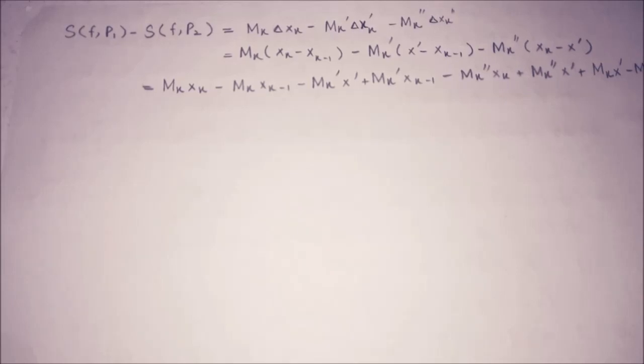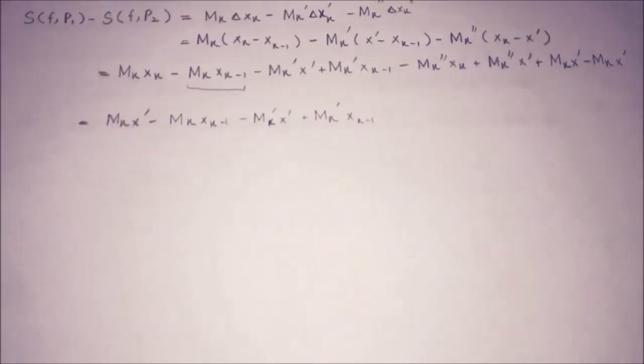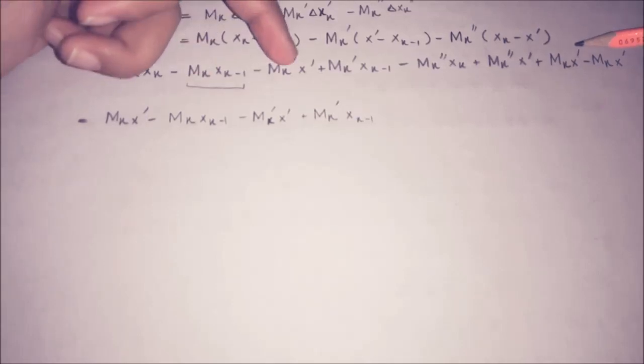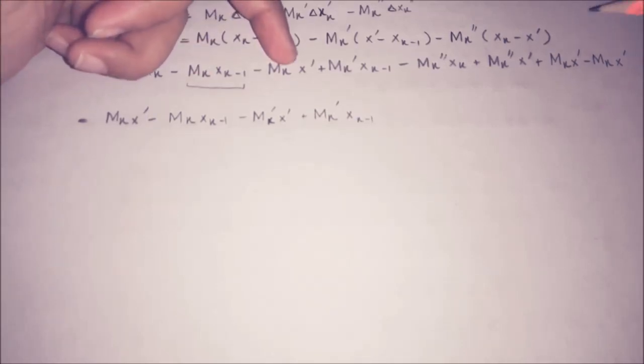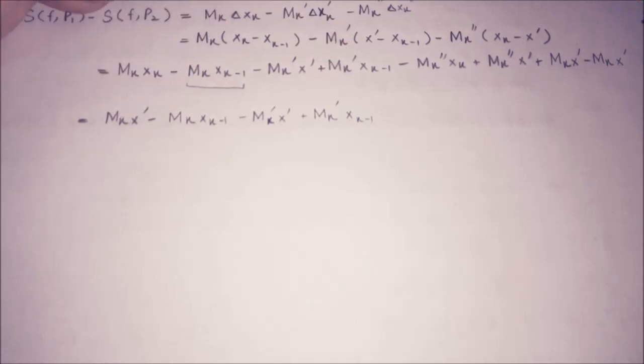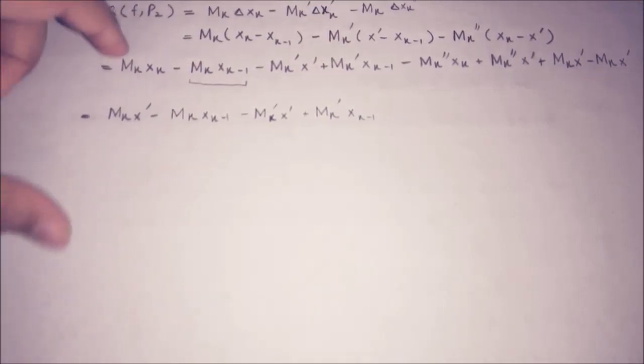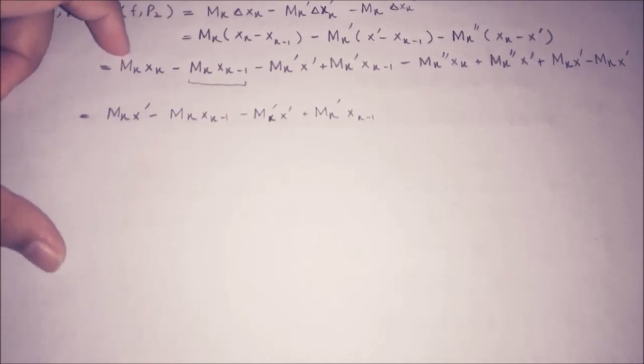So we're going to make the pair of m_k (x_{k-1}) and m_k x bar, and with m bar x bar m_k x bar, and with m_k bar x_{k-1}. So we have a pair of four elements here, and the other elements are m_k x_k and m_k x dash.